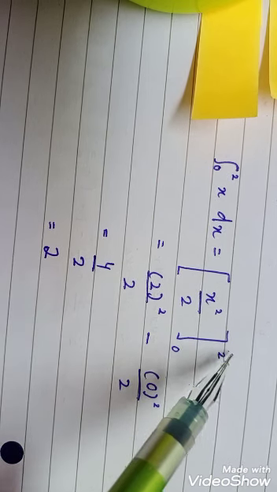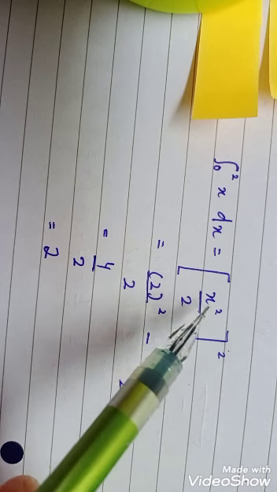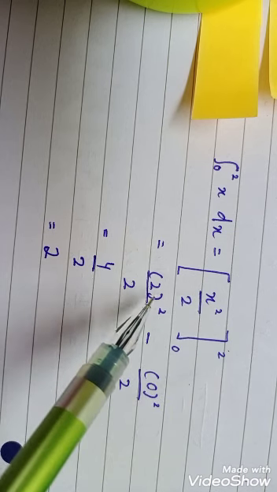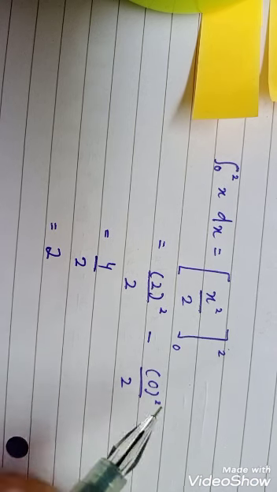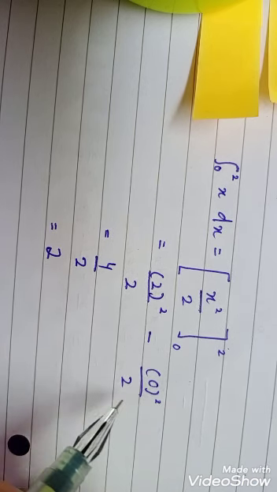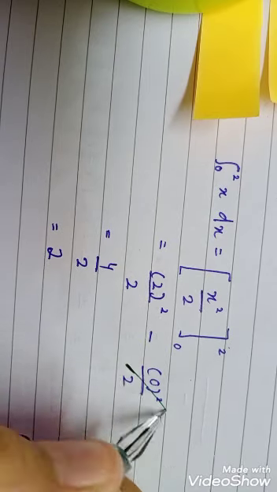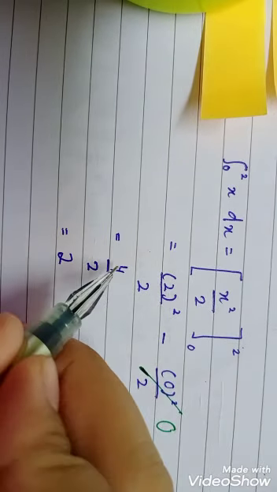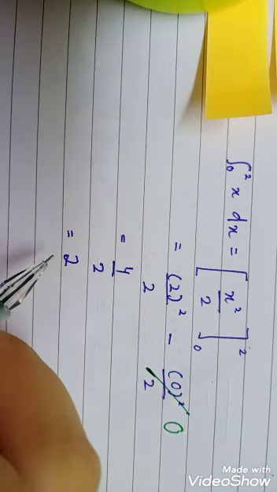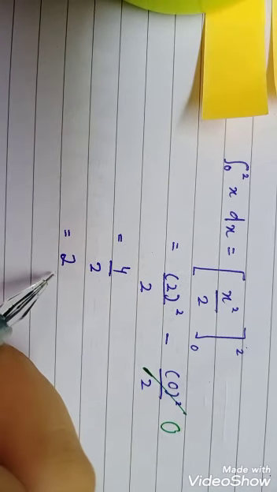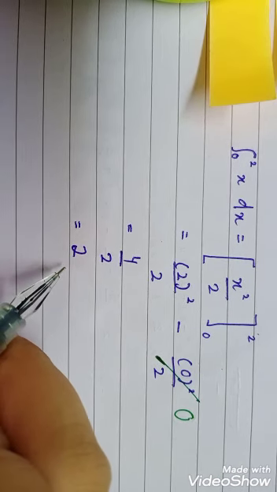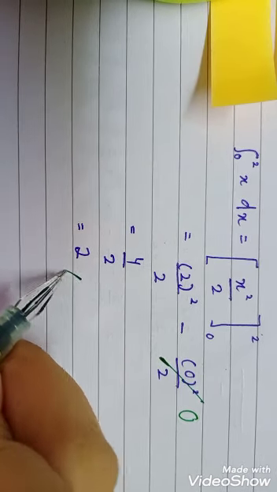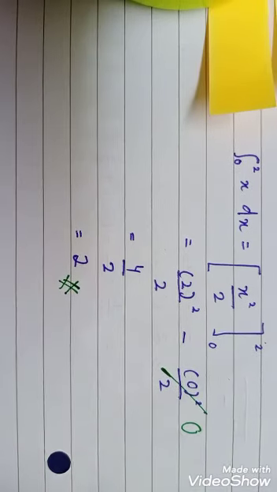Then we substitute the x with 2: 2 squared over 2 minus 0 squared over 2. Then this is 0. We get 4 over 2. 4 over 2 is 2, which means that the answer is the same, and we are right. So that's all.